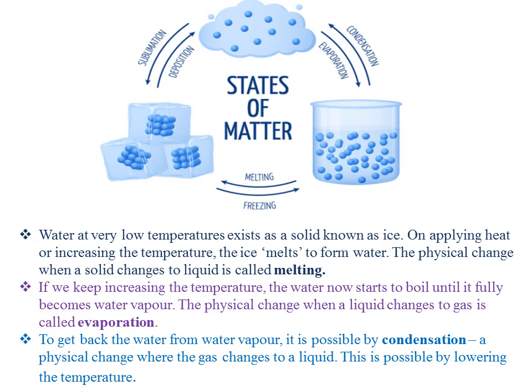Or cooling. Next, if we keep increasing the temperature, the water starts to boil until it fully becomes water vapor. The physical change when a liquid changes into a gas is called evaporation, that we have already learned.